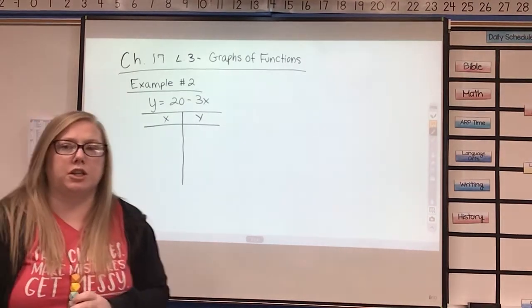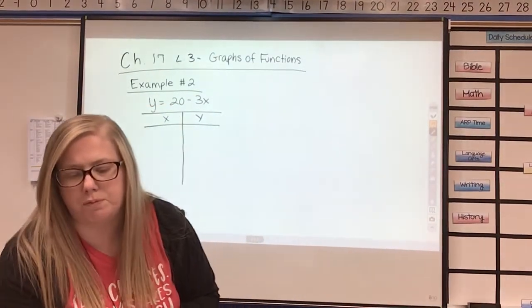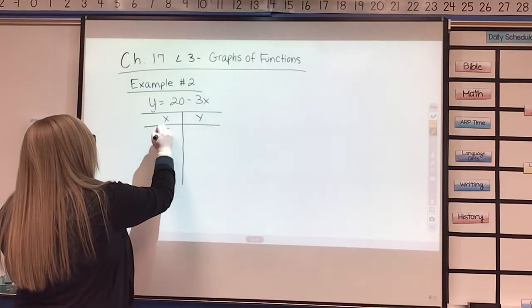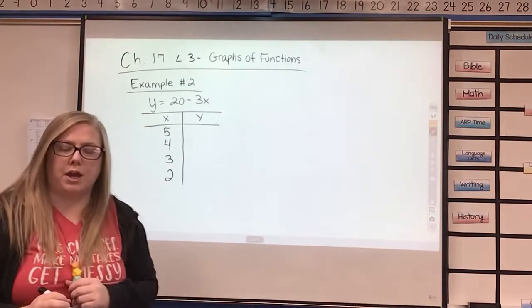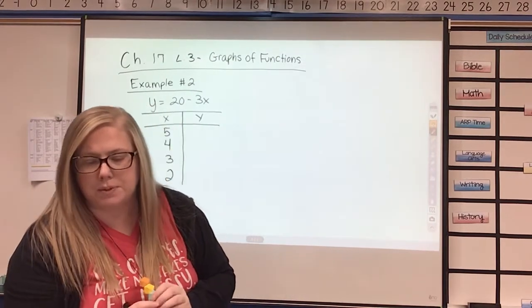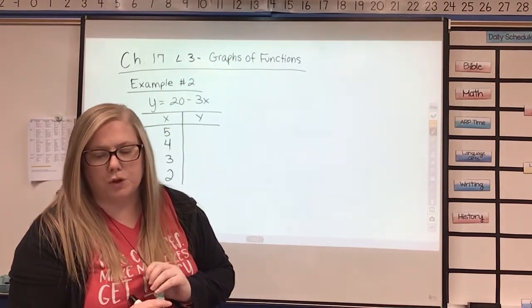Now these numbers aren't just 1, 2, and 3. They actually kind of make it go from greatest to least. So 5, 4, 3, 2, but it's the same steps. You are going to plug it in.